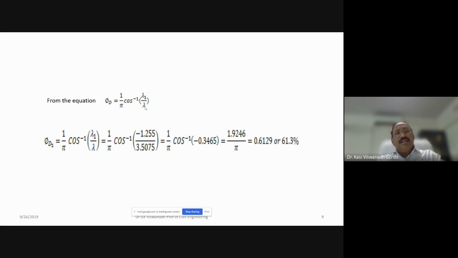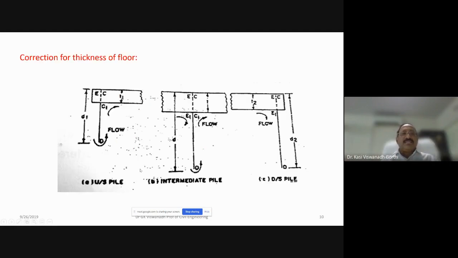Taking all three, you will be able to calculate the pressures at the junction points for the intermediate pile also. So what we have done now is calculated the pressures for the end sheet piles as well as the intermediate pile for all the junction points. Now these are to be corrected for three corrections.